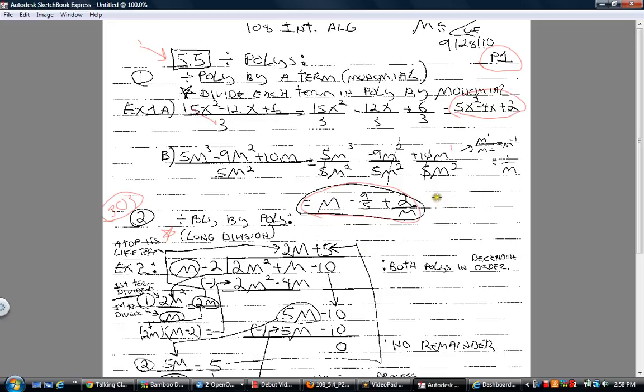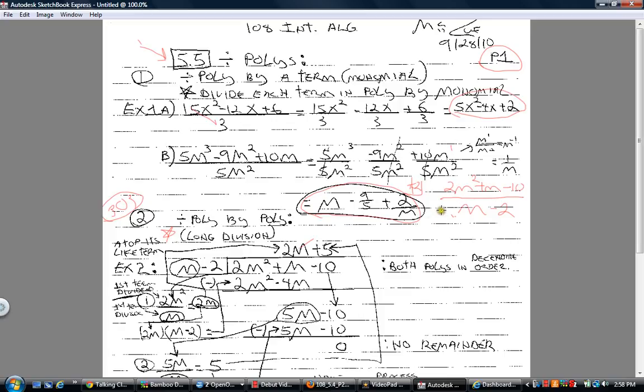This is number 2, and here's what it looks like in the book. Up in the numerator you have 2m squared plus m minus 10, all divided by the denominator, which is m minus 2.